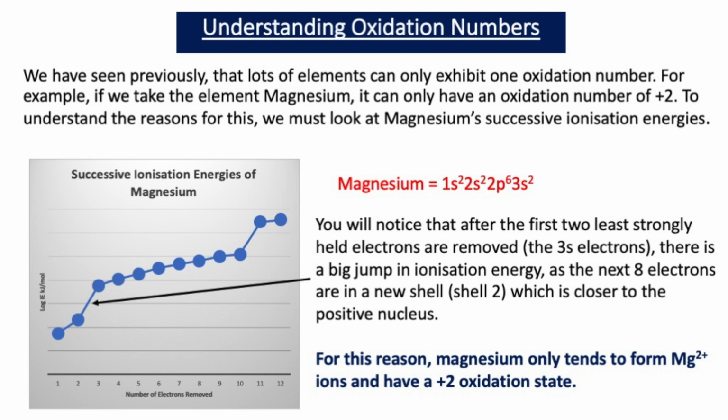This is why magnesium will only form a 2+ ion and have a +2 oxidation state. There is not enough energy to compensate for removing this extra electron by forming an extra bond. So magnesium can't be a +3 oxidation state, because there's not enough energy given out by forming an extra bond to compensate for this big jump in ionization energy.